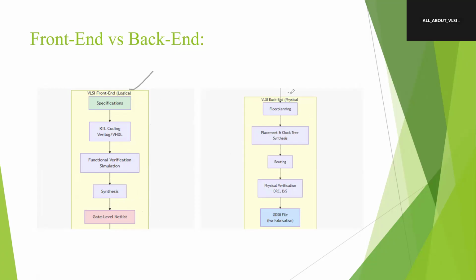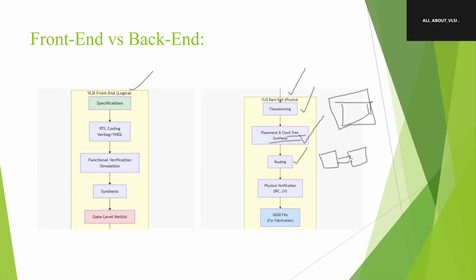And coming to the back end flow, the first step is floor planning. We define our core area and die area, then the height and width of the chip. After that we place the things, and we give the clock using clock tree synthesis. After that, routing means connecting one block to another.